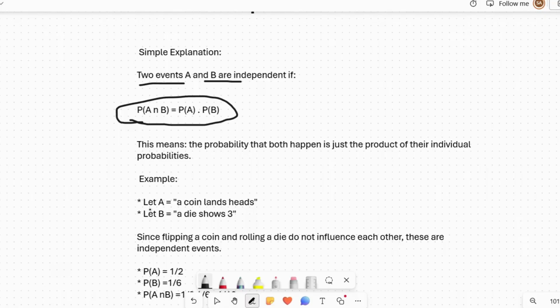Example: let A be a coin lands head, let B be a die shows 3. These two things are not dependent on each other, because the first one is a coin and the second one is a die.